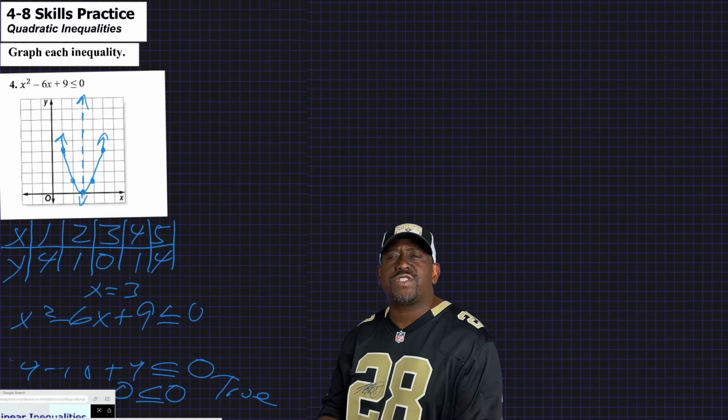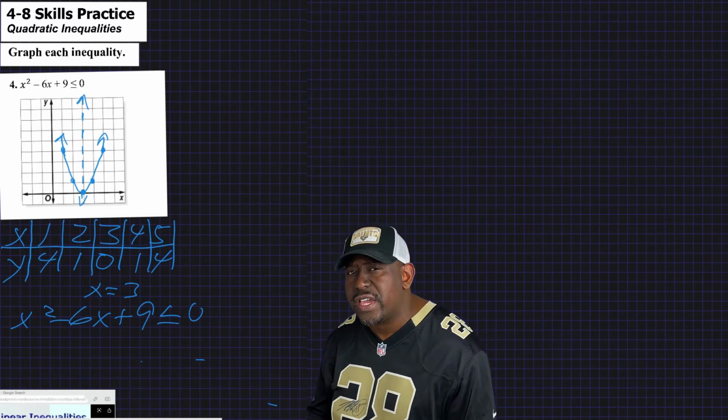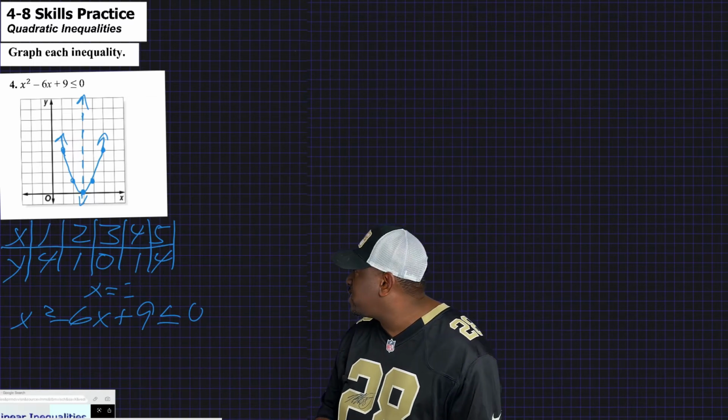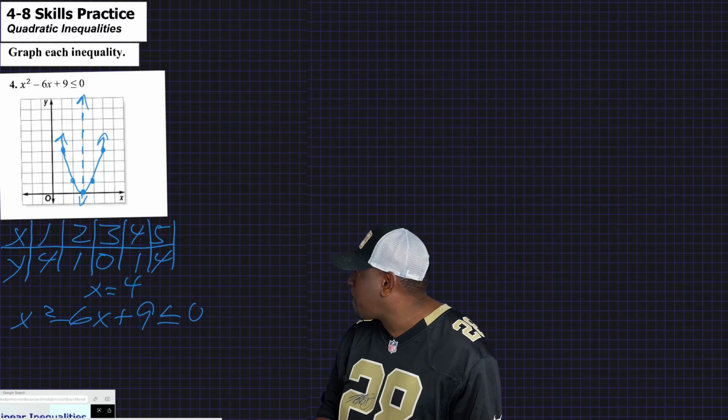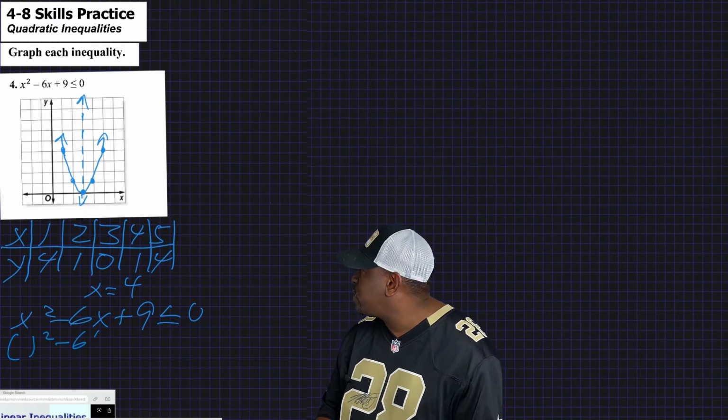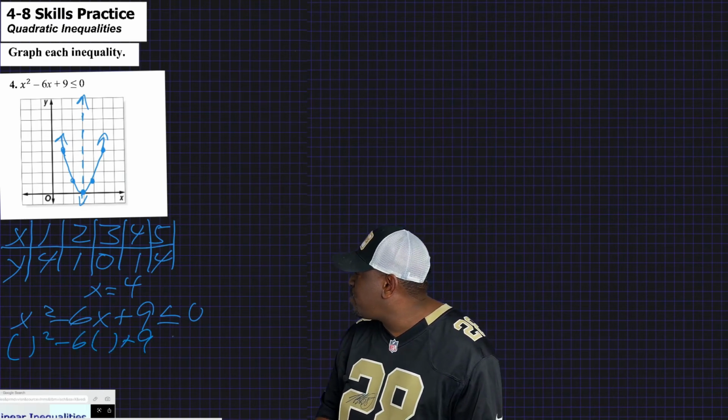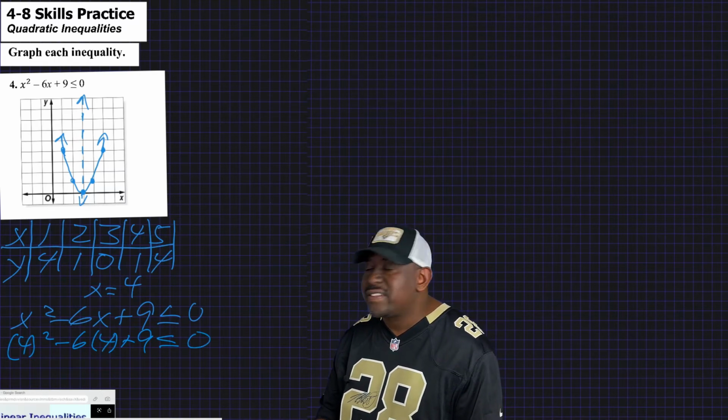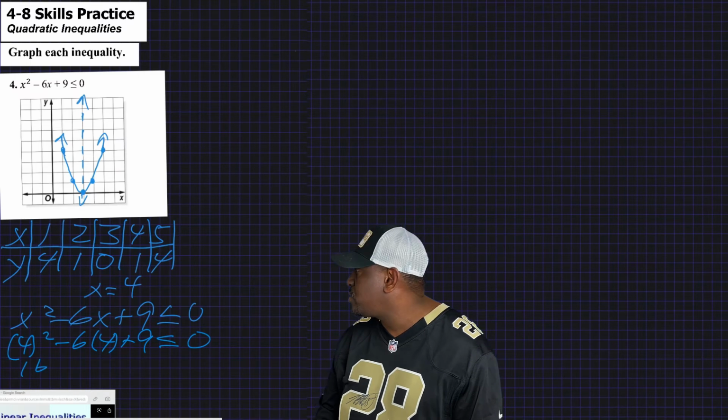Now, do we need to substitute any other values of x to determine how to shade the inequality? Let's see. Well, we're going to pick x equals 4. We're going to try that point. We want to see if that's going to get us a value less than or equal to 0.